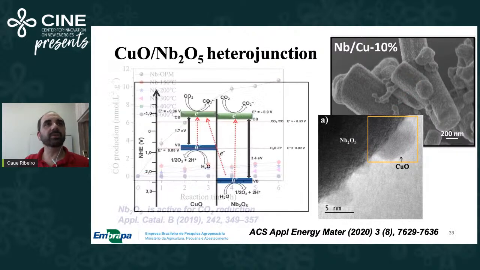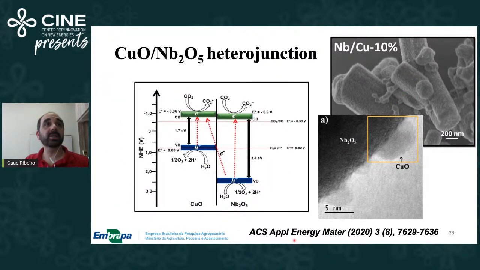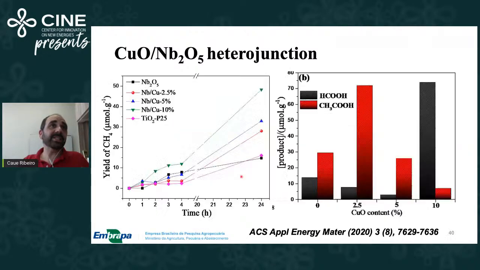This copper oxide over the surface is an interesting strategy because we can concentrate all the electrons in the copper while we have all the holes concentrated in the renewable oxide, separating both charges in that system.